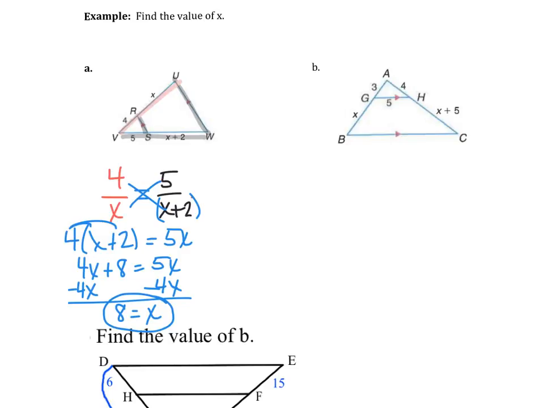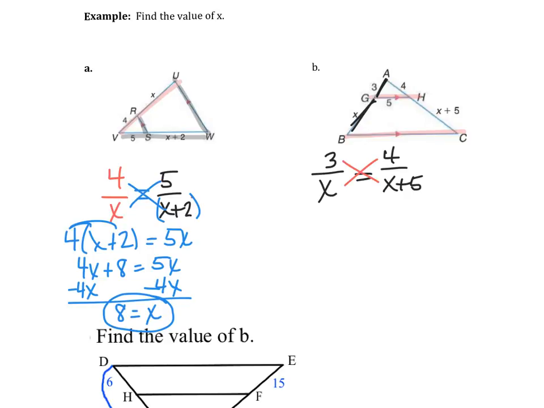All right, looking at that second example here, again, we're going to use that theorem we just talked about, where if the two sides are parallel, I've got GH parallel to BC, then it separates the sides of my triangles into proportionate parts. Setting up my fractions then, I've got 3 over x, so this part over this part is equal to 4 over x plus 5.